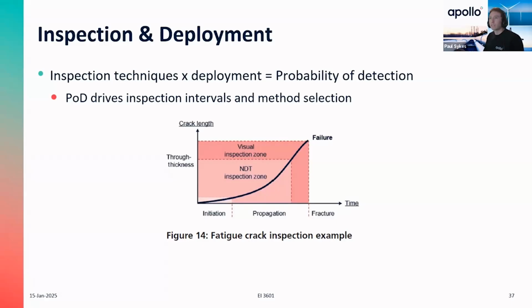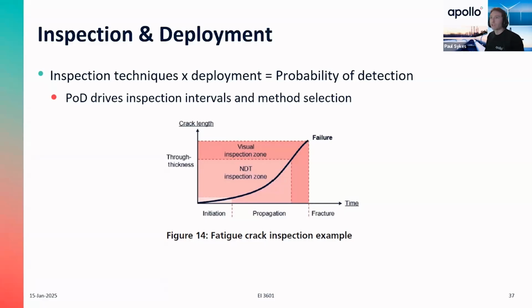So you need a higher sensitivity inspection, such as non-destructive testing or examination, if early detection is important, which is typically the case for fatigue critical details, where analysis shows limited remaining life, or where the consequence of failure is high.